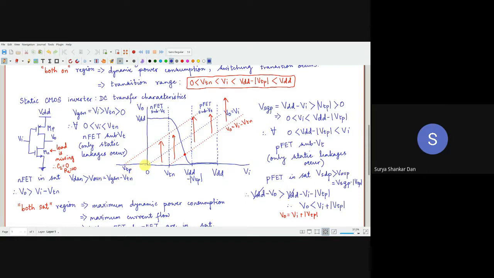This is VTN. Roughly VTN and VTP are the same. I'll put it in some other color. What is this line here? This is VO equal to VI plus VTP.